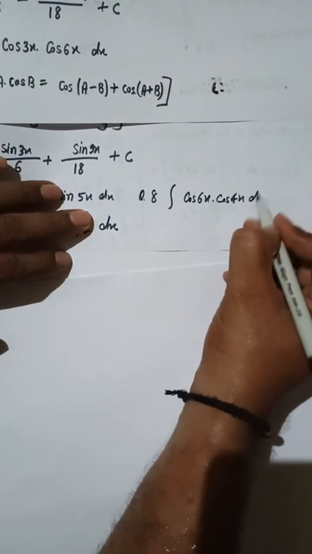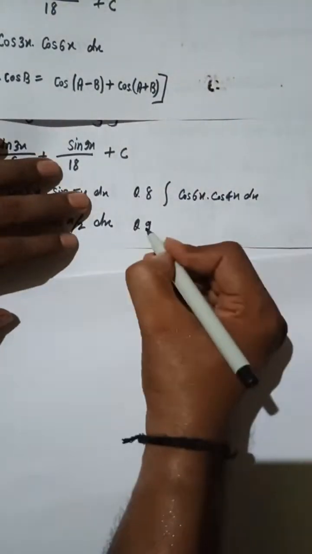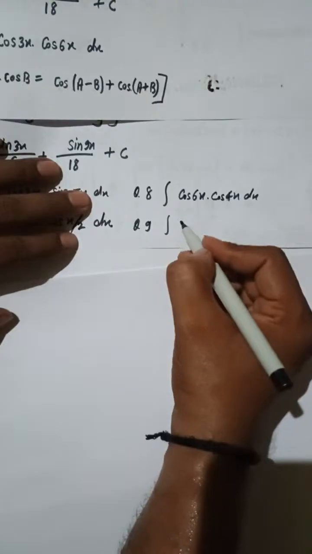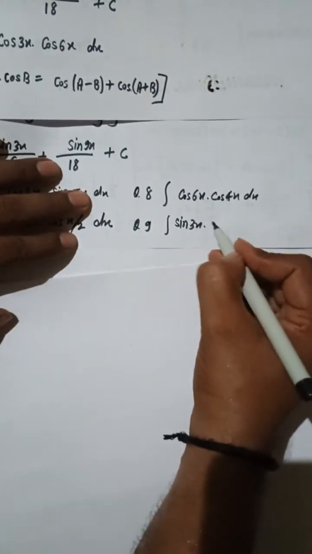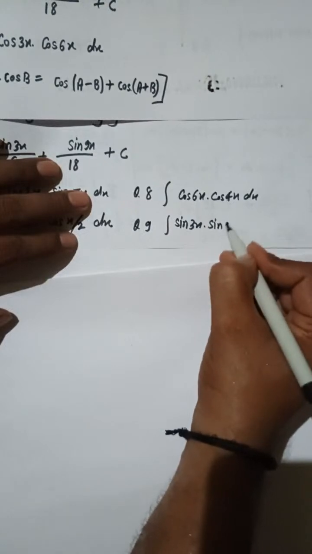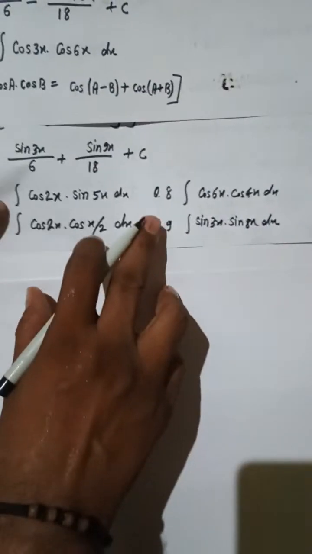Or I will come in the next session to solve it, so that time you will come with your solution and we will match together whether these are correct or wrong. Then sine 3x into sine 8x dx. So these four questions are there for you.